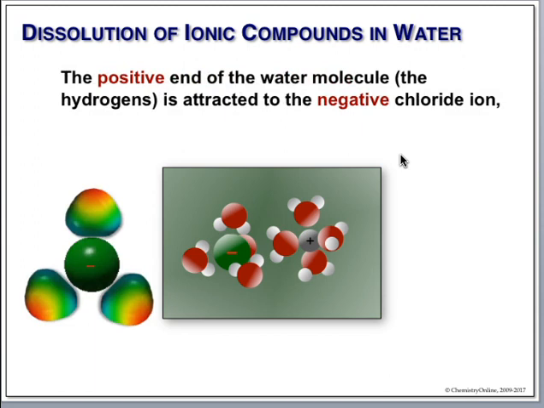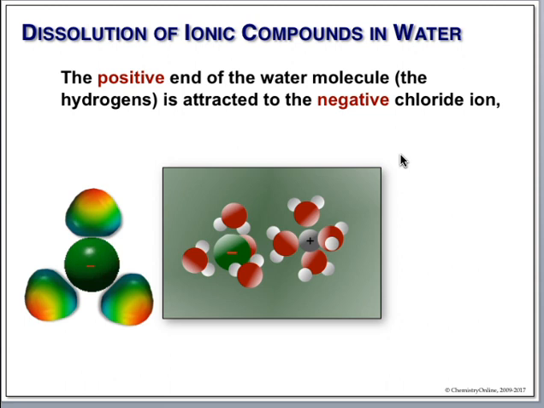That means the big blue spots here are all facing the negative charge. Now why is that important? Because the water with its dipole is able to take this negative charge and spread it out.